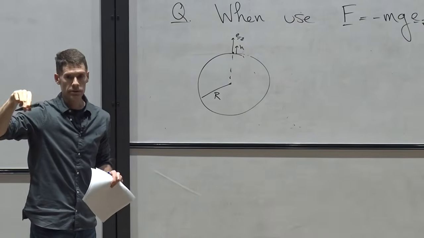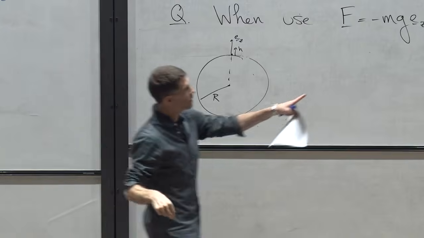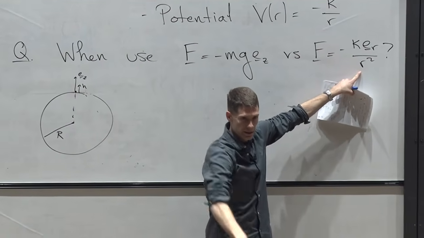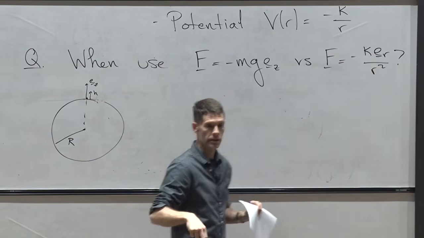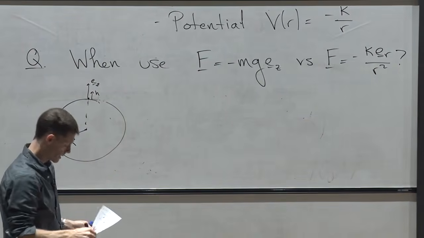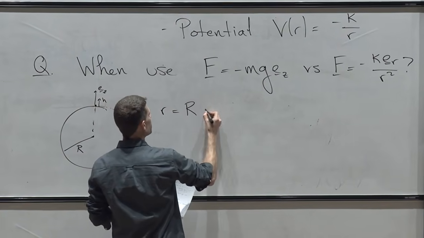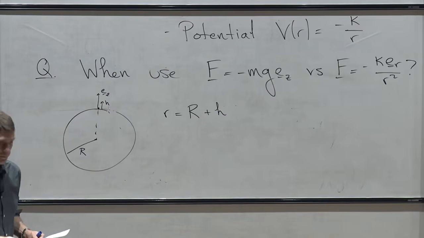So the actual gravitational law pulling the pen down is this one, but the r is not the distance from the pen to the floor, it's the distance from the pen to the center of the Earth. And that's where the distinction comes in. So really little r is big R, the radius of the Earth, plus whatever height I have there.